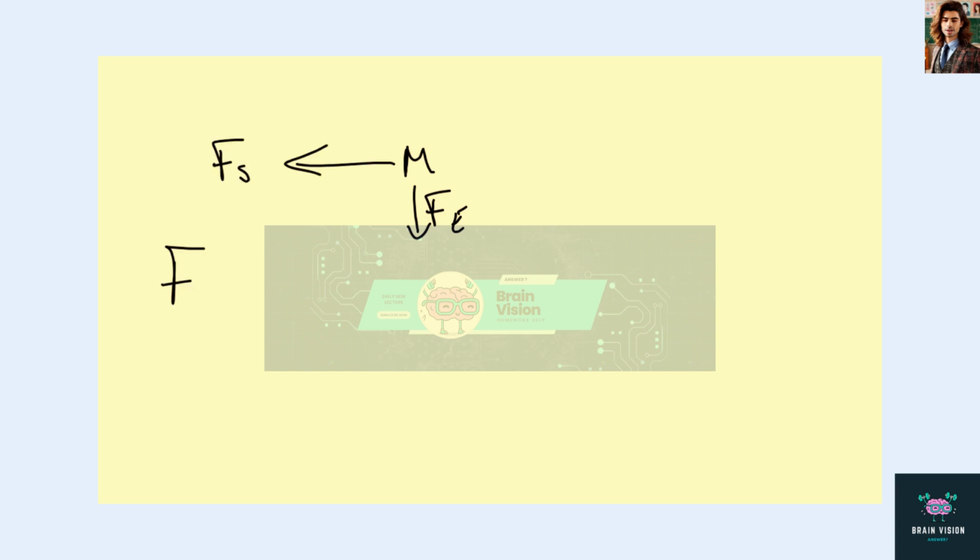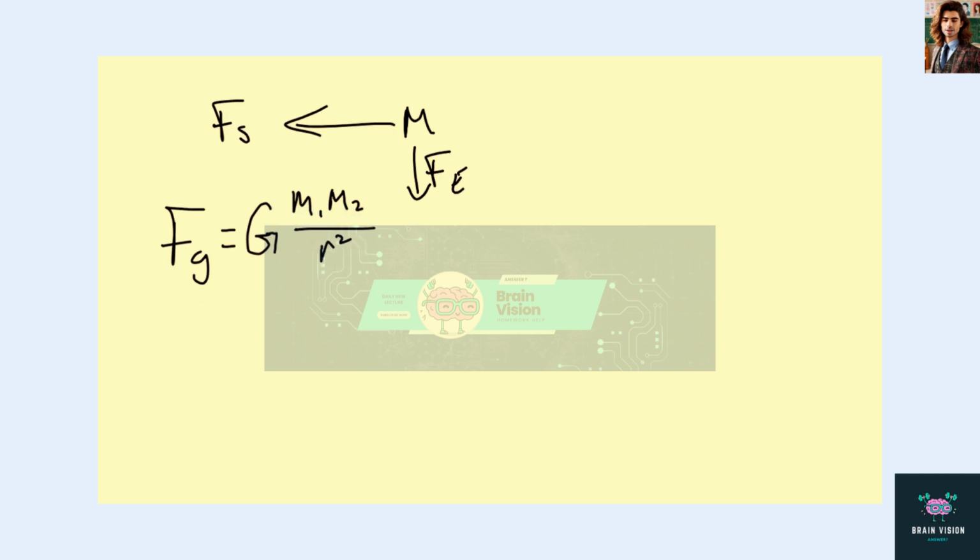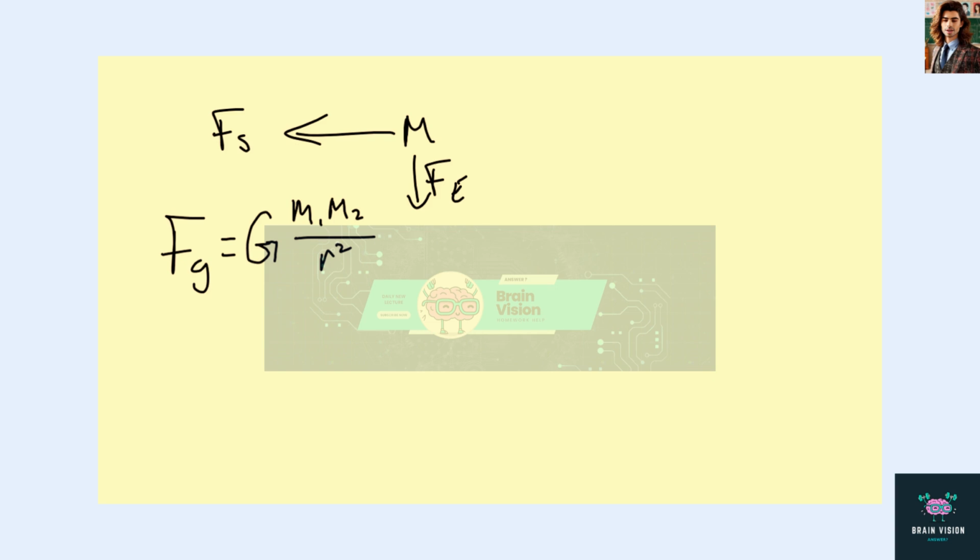So we know gravitational forces are big G, mass 1 times mass 2 over the radius, basically the distance between them squared, right? So we basically just have to find the force from the Earth and the force from the sun.